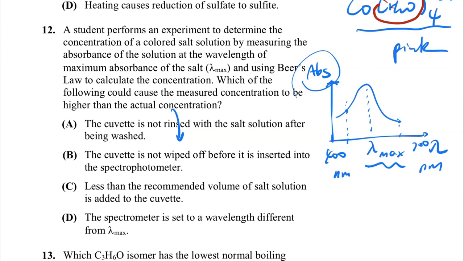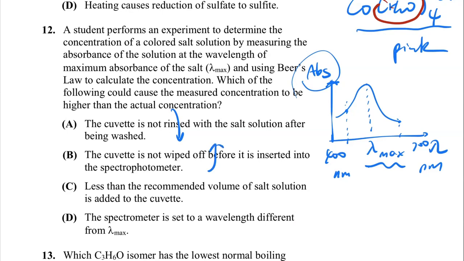Basically the salt solution on the outside increases the size of the cuvette, theoretically. Okay, I got you, so it increases the light path, right? Yeah, that's called the light path length. So it will increase the absorbance and then it will overestimate the concentration, right?